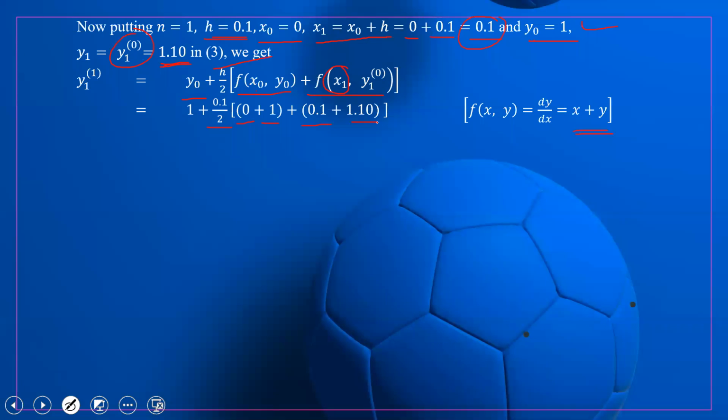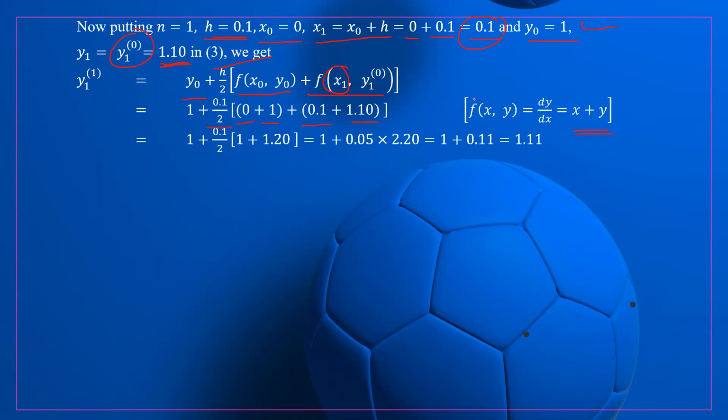Let us simplify it. 0 plus 1 is 1. 0.1 plus 1.10 is 1.20. If we add these two things, we get 2.20, and 0.1 by 2 is 0.05. If we multiply this, we are getting 0.11.